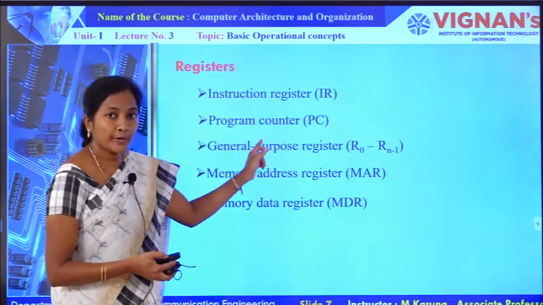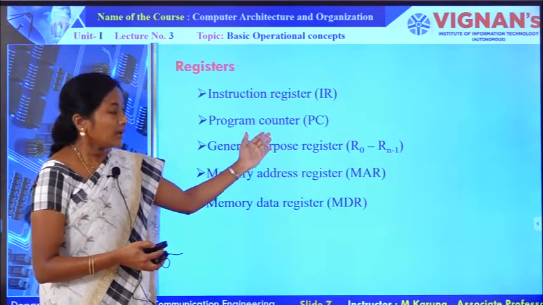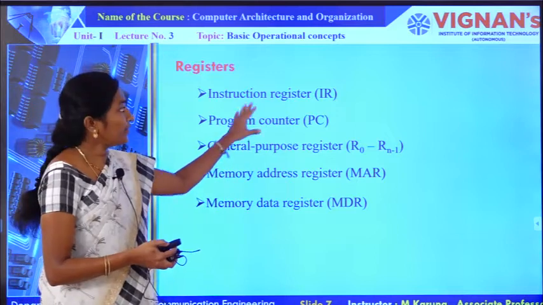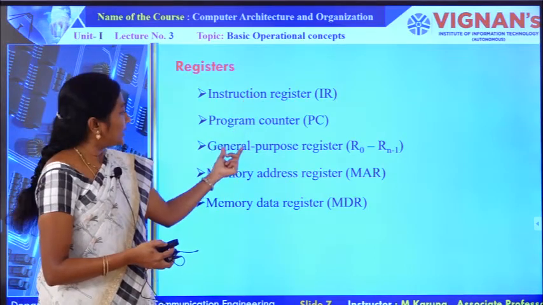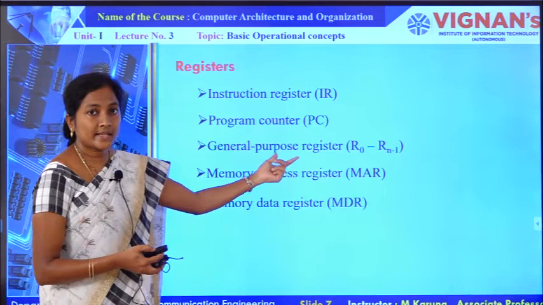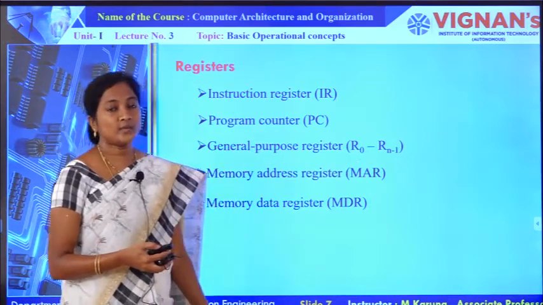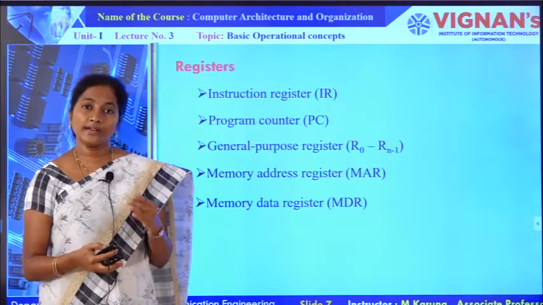Now coming to the program counter. The program counter stores the address of the next instruction. Apart from these two registers, general purpose registers are also present. Those are R0 to Rn-1, used to store the data.